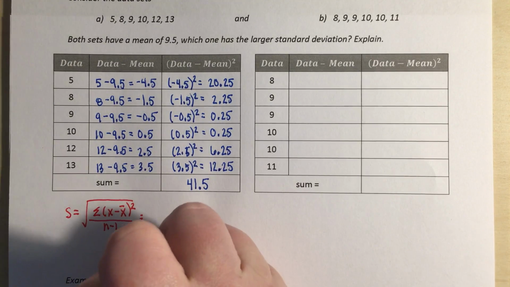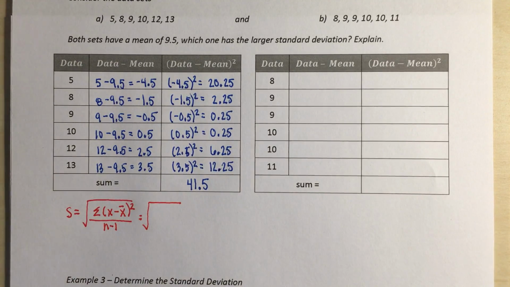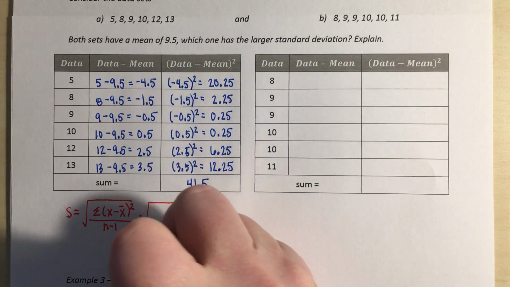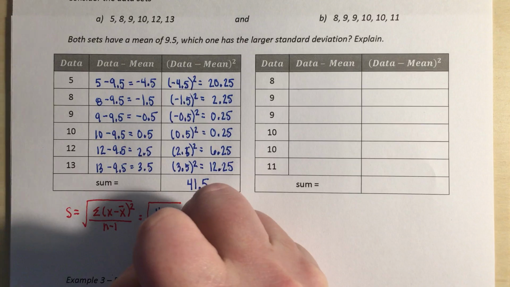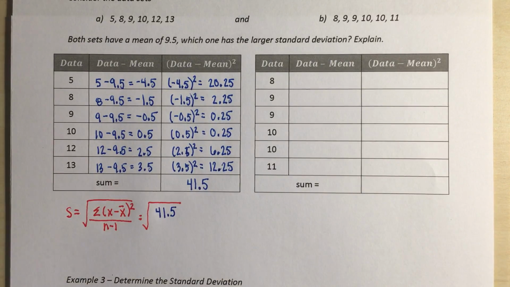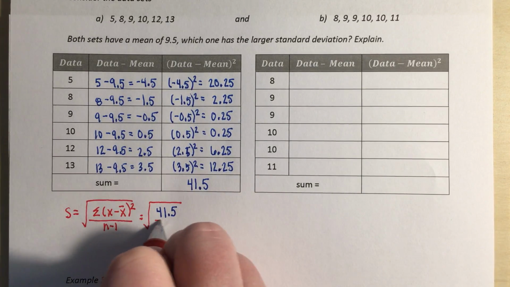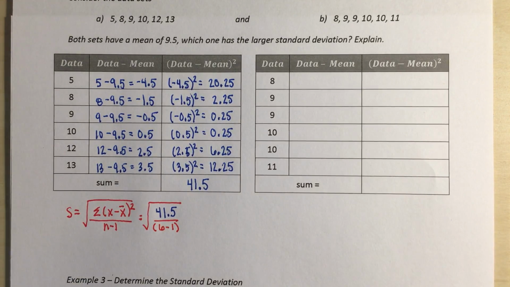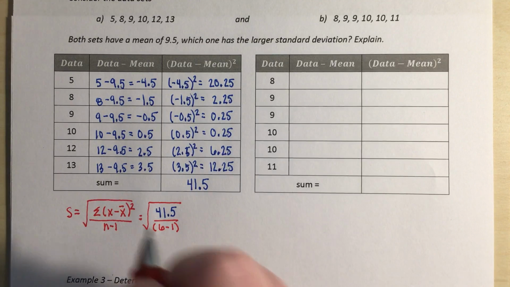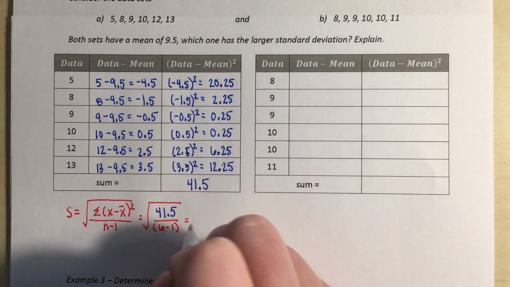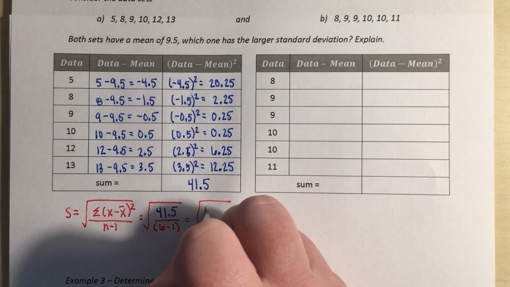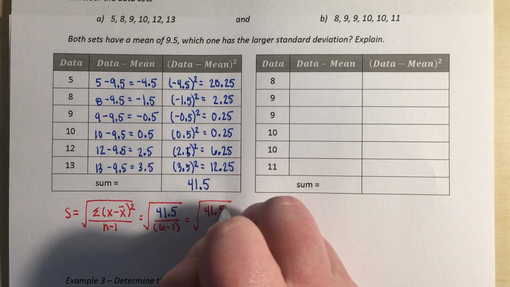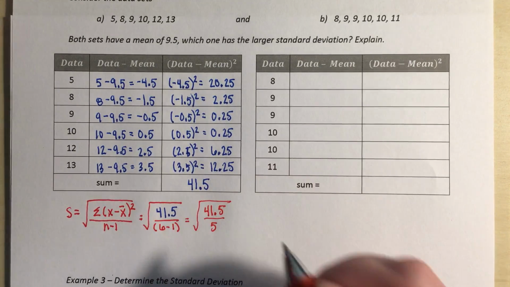So in our square root here, this summation that we just found, this 41.5, is our number that goes up top. And then in the bottom, n minus 1, well, our sample size had 6 values, so we're going to take 6 minus 1. This is going to give us the square root of 41.5 divided by 5.